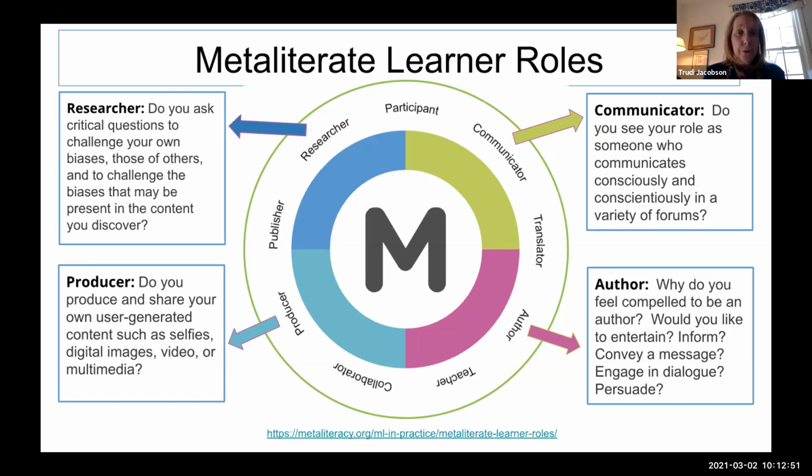I think he has a very good point: thinking about yourself as a researcher, you may also be producing information and communicating it to others. So they work in tandem. But the idea here is that if you think about yourself as a learner with these roles, you may be more conscious about what you're doing, and you may be more successful in taking it on.